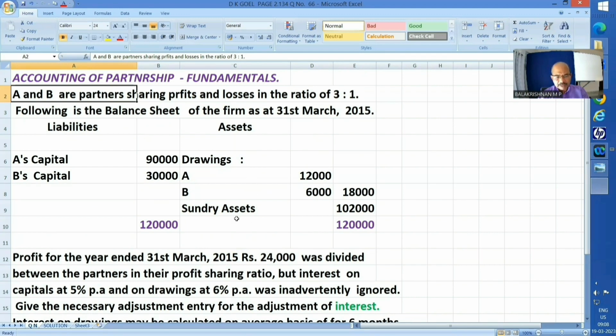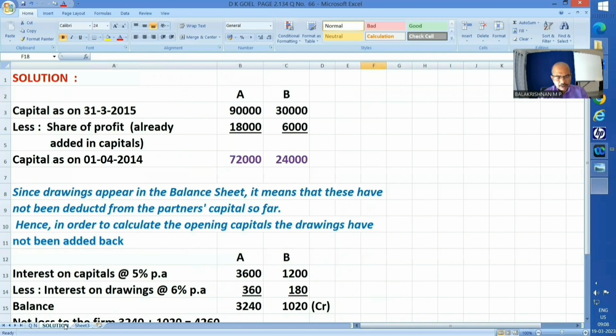Had it been adjusted, this figure would have been different. So, in your attempt to get the opening capital, never adjust it. The given closing capital has not undergone the adjustment of drawings. Hence, we are not going to adjust it in our attempt to get the opening capital.